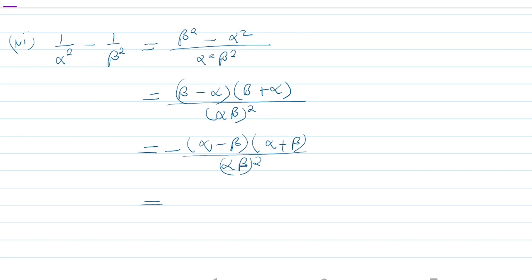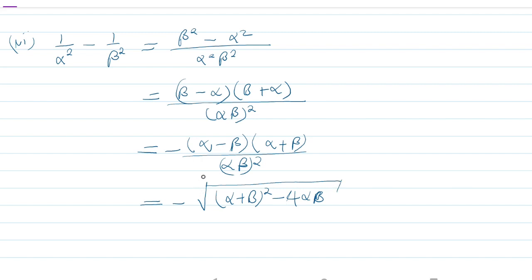Now, what is alpha minus beta? We had this in number 2: it was the square root of alpha plus beta squared minus 4 alpha beta.